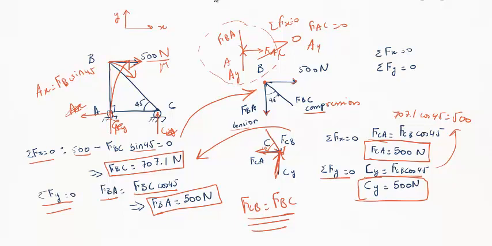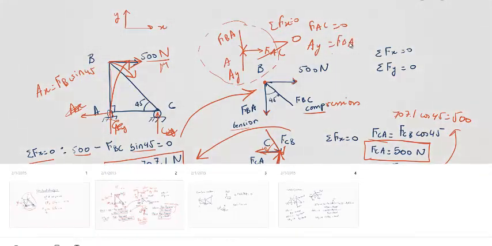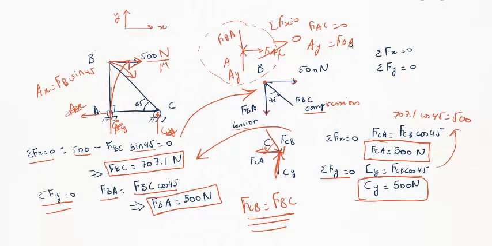And so now we have AY equals FBA, which we got from here. FBA is going to be 500 newtons. Now remember at the beginning of this problem I said AX is this. Forget about that. Okay, so moving on.